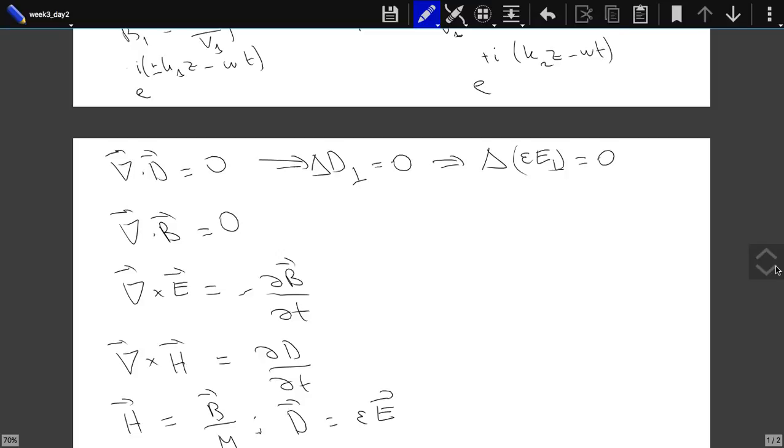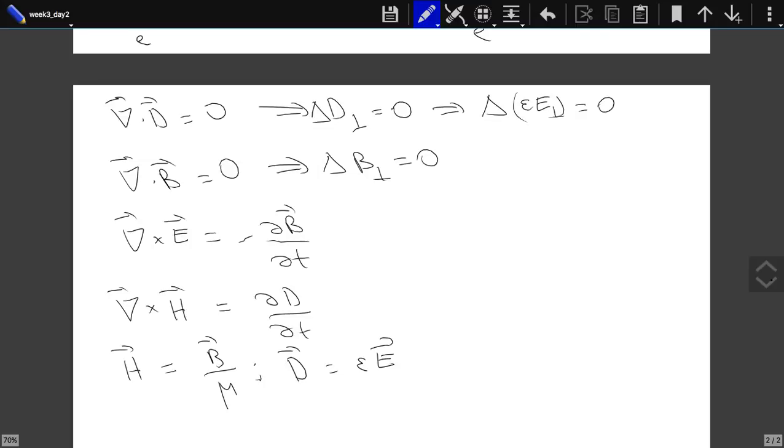Let's look at the second condition. Well, this condition, just like the previous condition, tells me that the perpendicular component of B, its change as we cross from one side of the surface to the other side is 0. But again, in this problem, the perpendicular component of B is 0 to start with. So this also doesn't tell us anything. Now let's come to these equations.